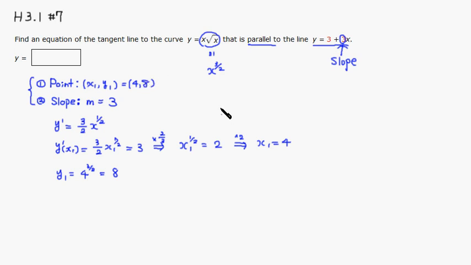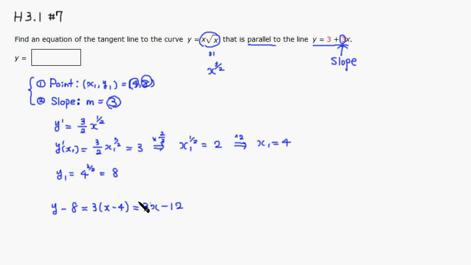All right. So therefore, using the point-slope form, we can find the equation. The equation is going to be y minus y1, where y1 is 8, equal to the slope m, which is 3, times the quantity x minus x1, which is 4. That is equal to 3 times x minus 3 times 4, which is 12.